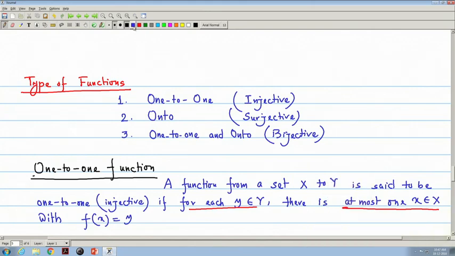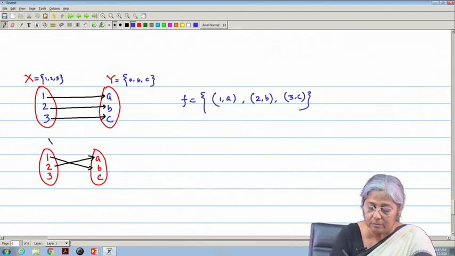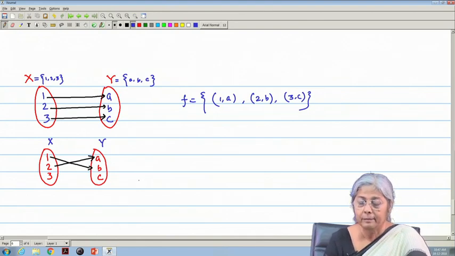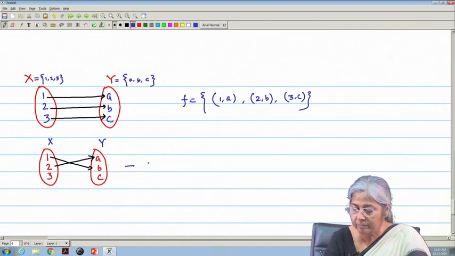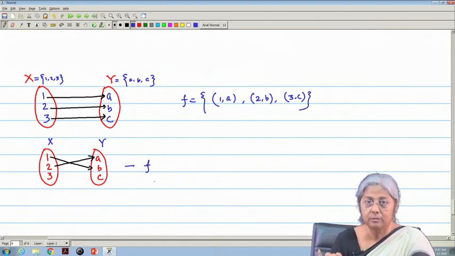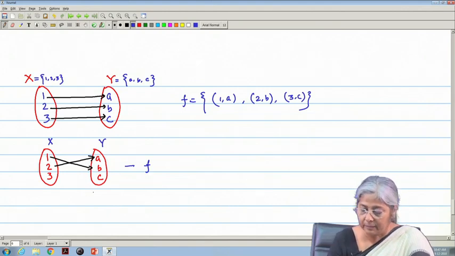So, here c is not assigned any value. So this is a function. C is not connected or assigned.